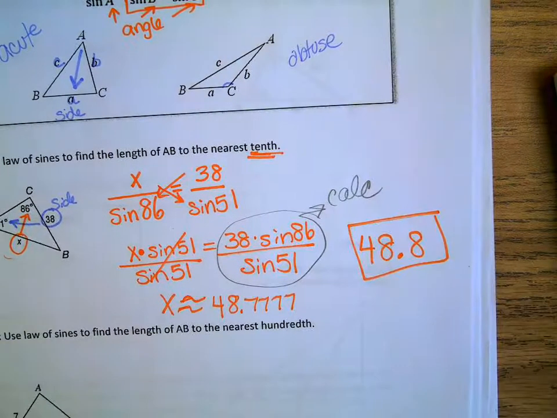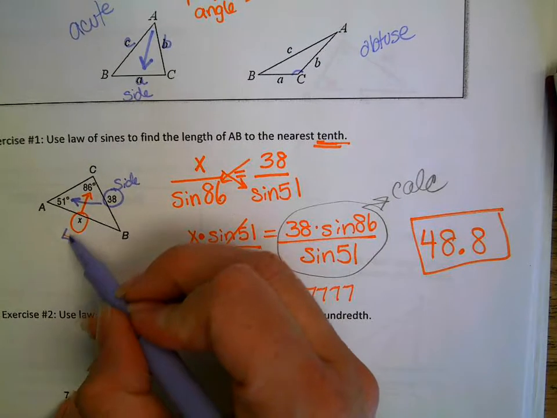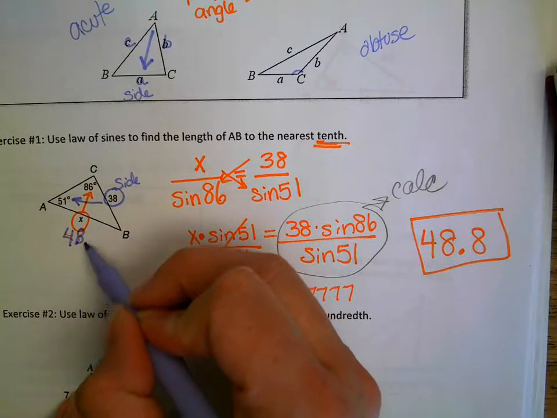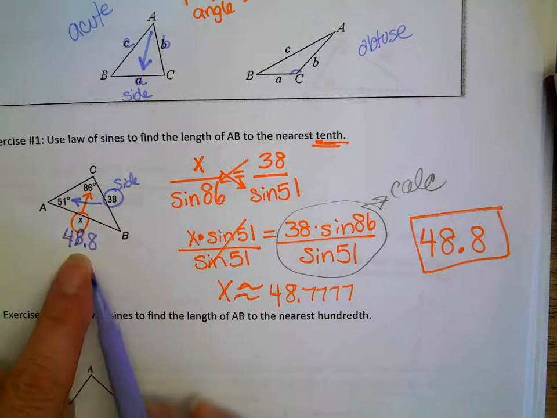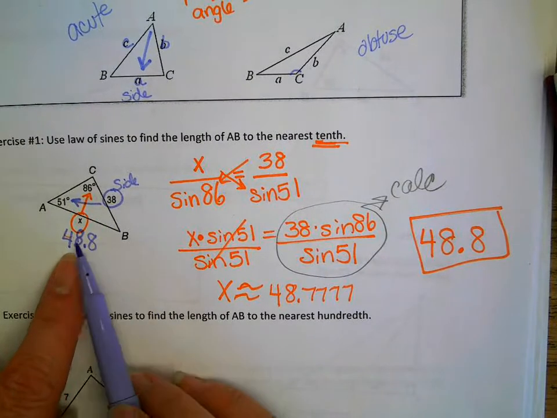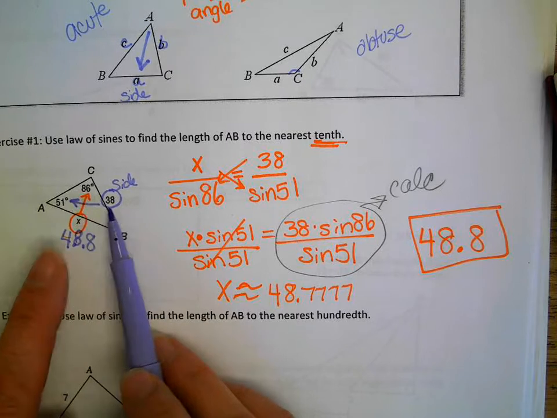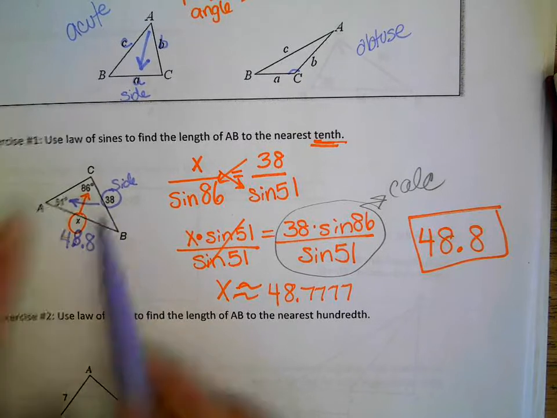Now, in the context of the problem, let's go back into the picture for a second. Does it make sense that this side is 48.8? Well, that's longer than the 38 that we were given, and that makes sense because a longer side is opposite the larger angle measure. This 38 is opposite the smaller angle measure.